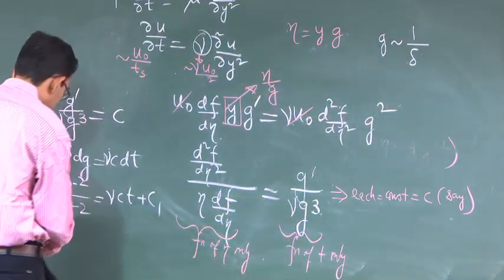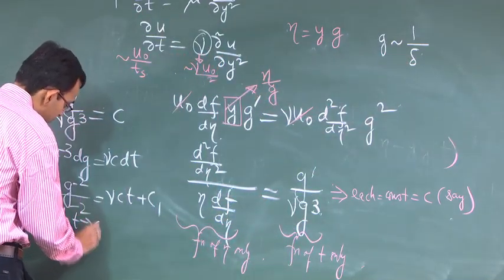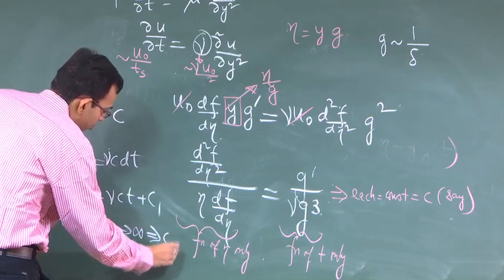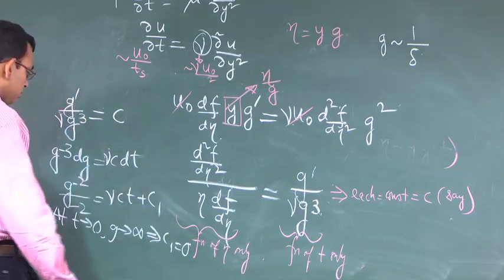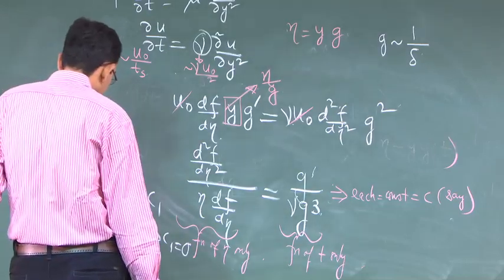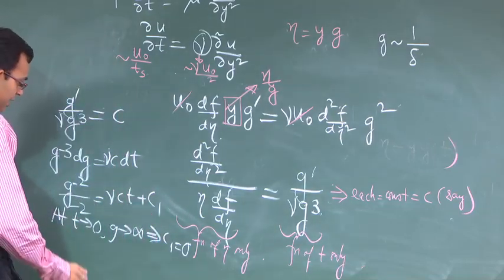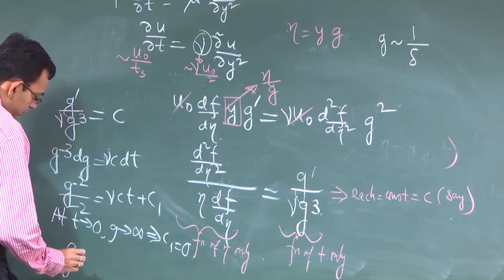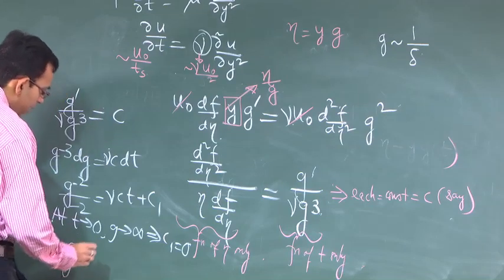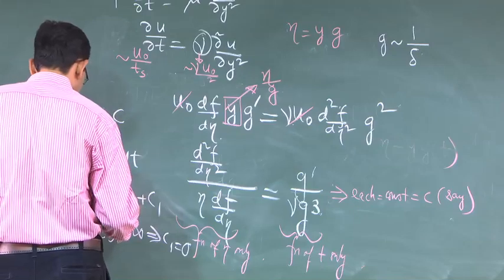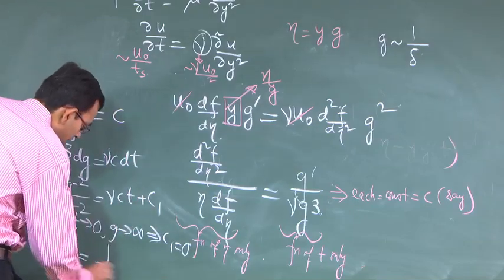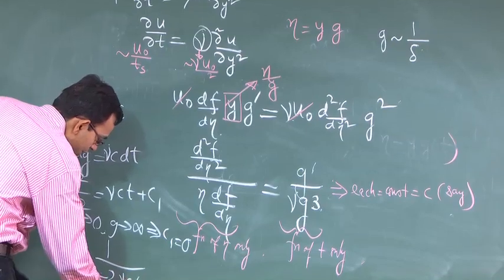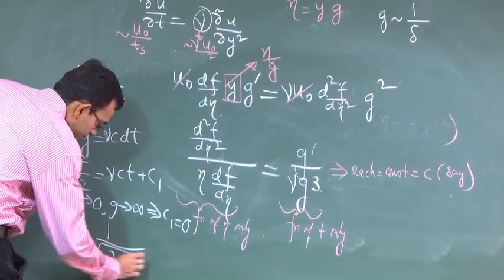So, at t tends to 0, g tends to infinity, that means c1 equal to 0. So, we can write g is equal to 1 by square root of minus 2 nu c t.